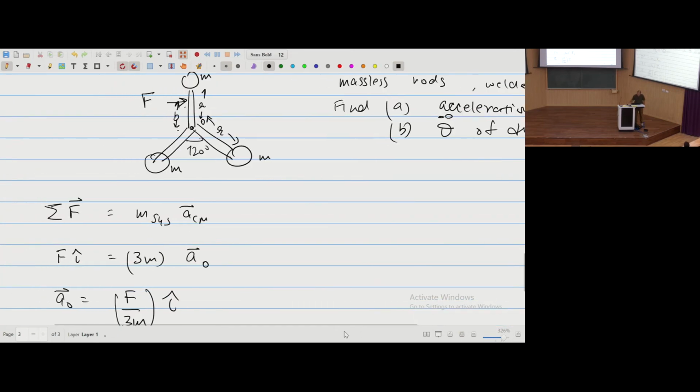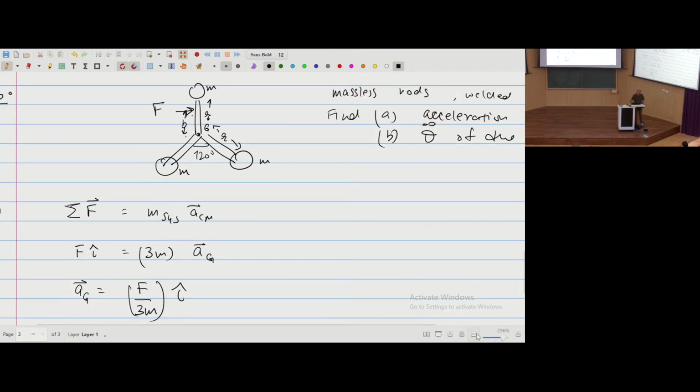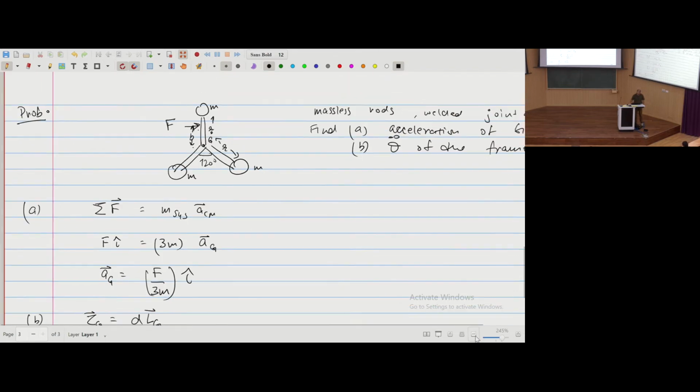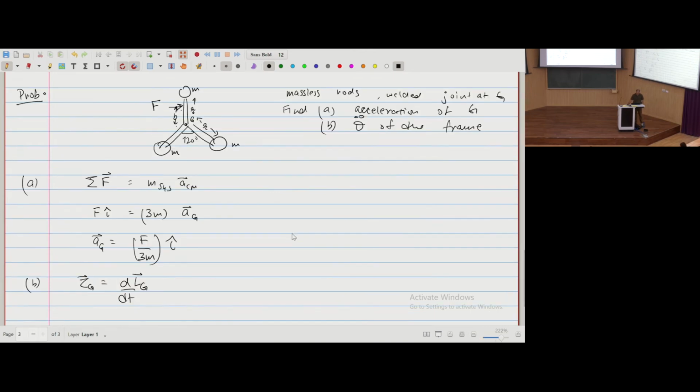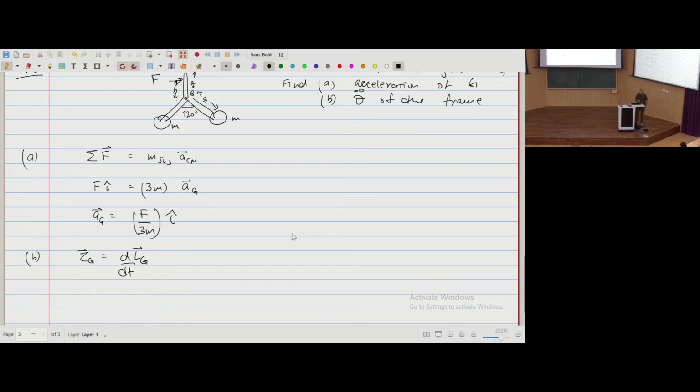Because point O in our convention is a fixed point, so that may be a bit confusing. There's only one external force, and this torque is because of the external forces acting.